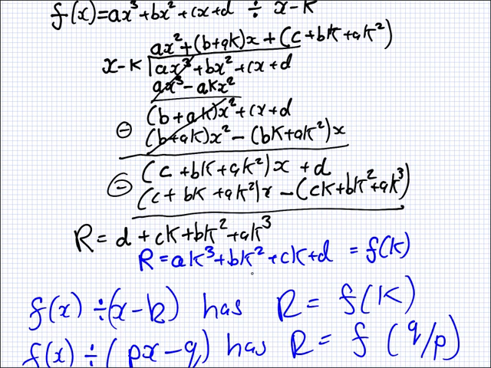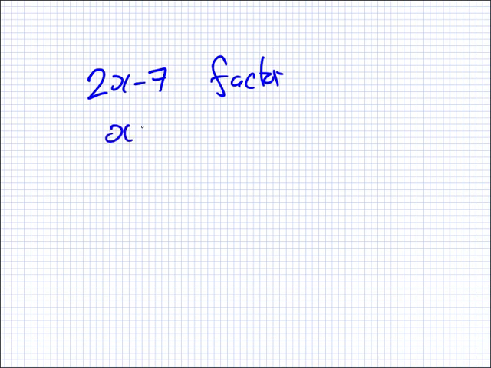Okay, I'm going to scroll down now. So just before we do some tough ones, just a little bit of practice here. If I said to you 2x minus 7 is the factor, what is the x value? 7 over 2. Okay, now you should be comfortable making those changes in your head.